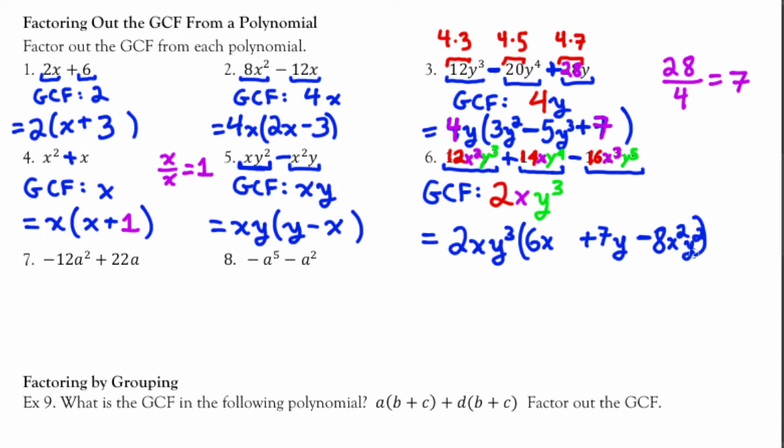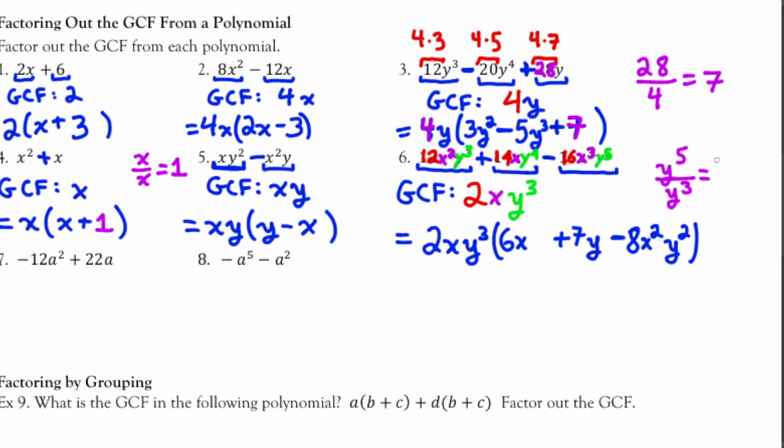I ran out of space here. Let's fix it a little. I took y cubed out of y to the 5th to get y squared. That one's a little tricky. What you might do is do that one off to the side, like how I did x divided by x equals 1 before. To take y cubed out of y to the 5th, I could imagine here's y to the 5th, and here's y cubed.